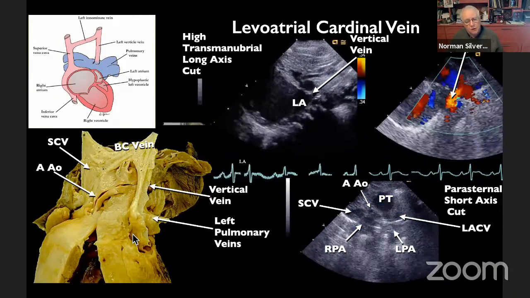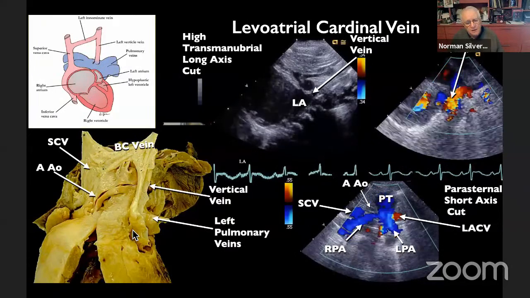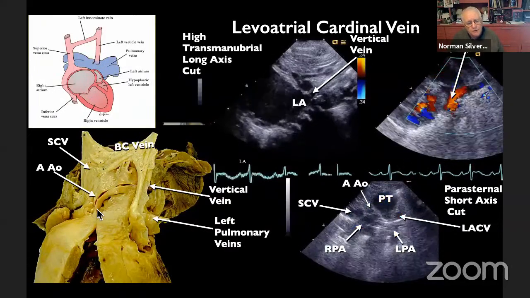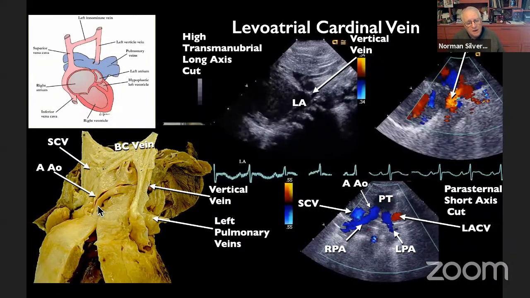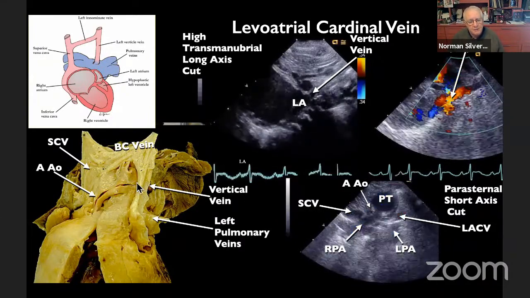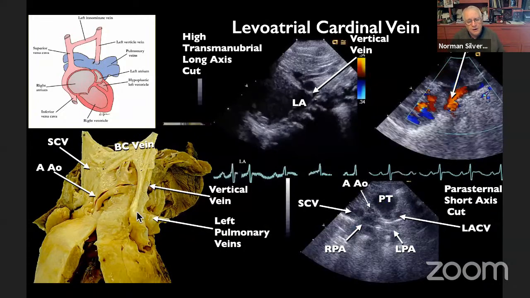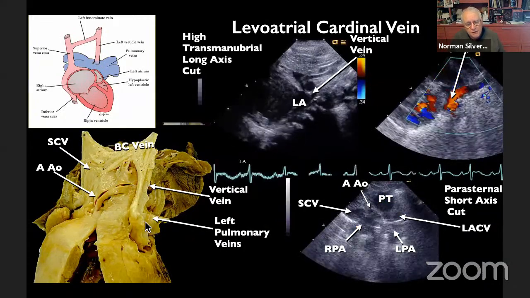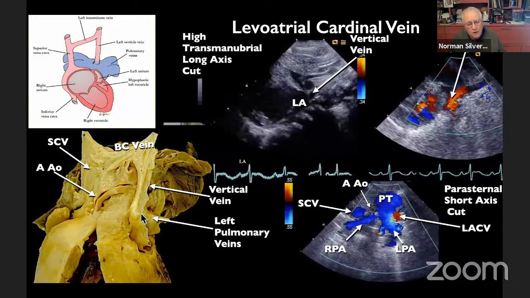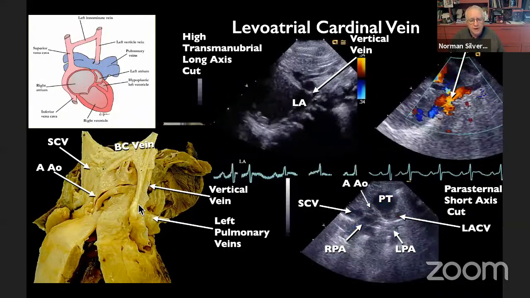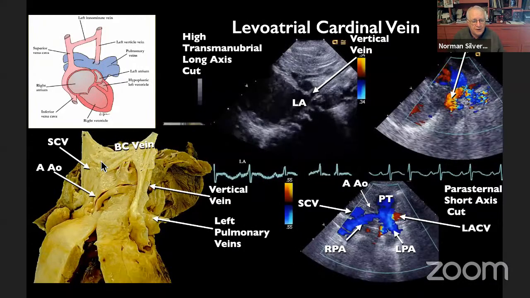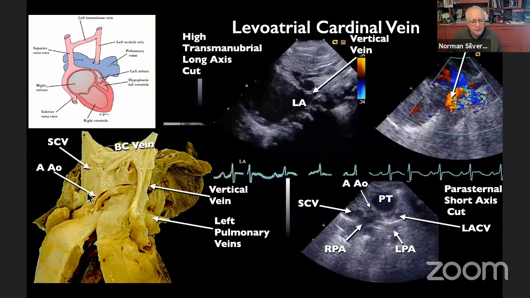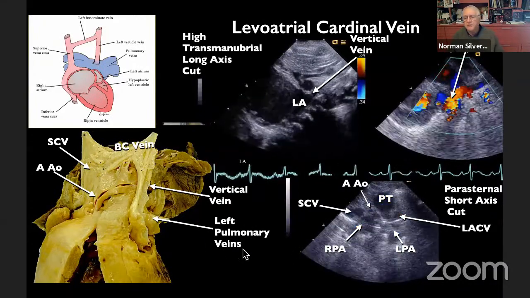And here is an example from a patient of mine who lived until the age of 12 with hypoplastic left heart syndrome. And you can see this tiny aorta, and she had a patent ductus which didn't close. And here you see the vertical vein coming off the origin of the left, draining up into this vertical vein, and then into the brachiocephalic vein, and then from the superior vena cava into the right atrium.